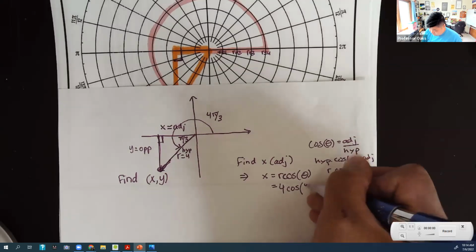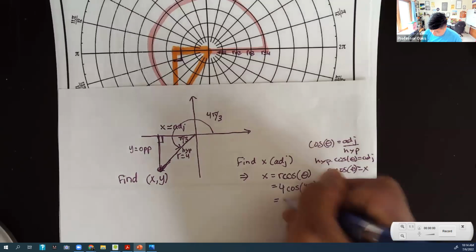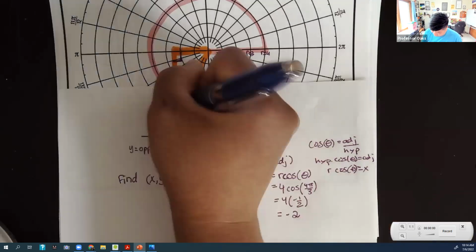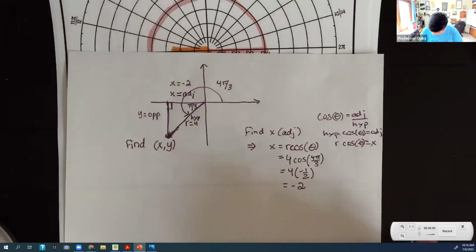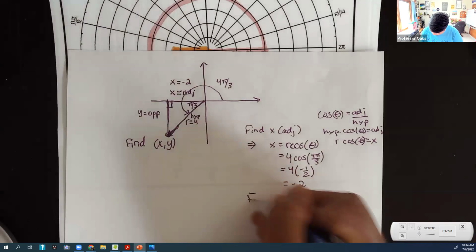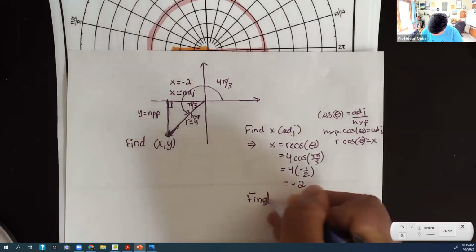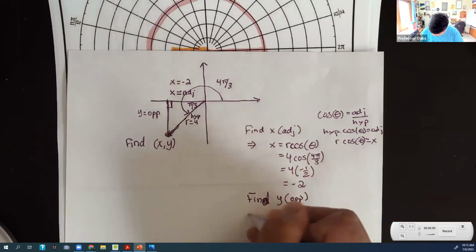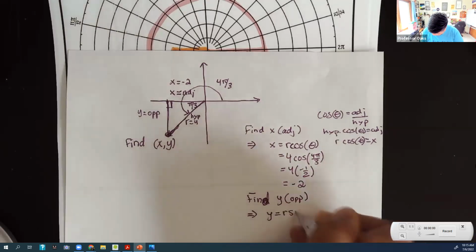But if you do the 4 pi over 3 and say 4 times negative a half is -2, then x is -2. And then to find the y, the opposite side, y is r sine of theta.